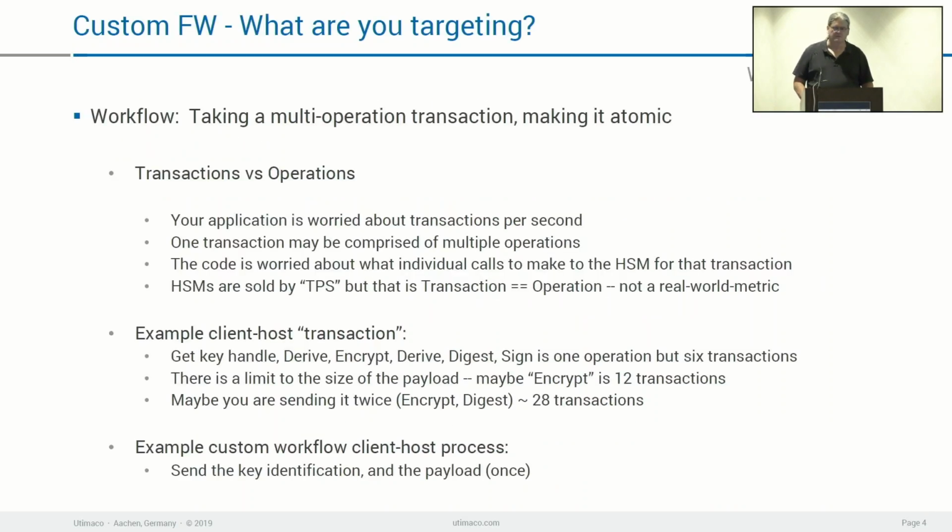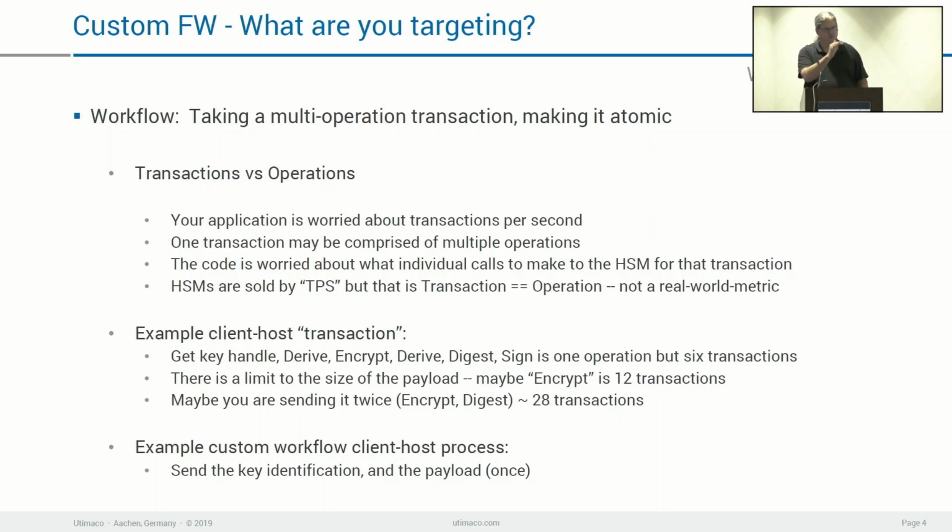So there are two benefits to writing custom firmware for your HSMs. These are workflow and WAC. Workflow means that you're going to take a multi-transaction operation and turn it into an atomic call. So instead of going back and forth to the HSM 14 times to do one transaction, you're going to pack all of the inputs into that one call.